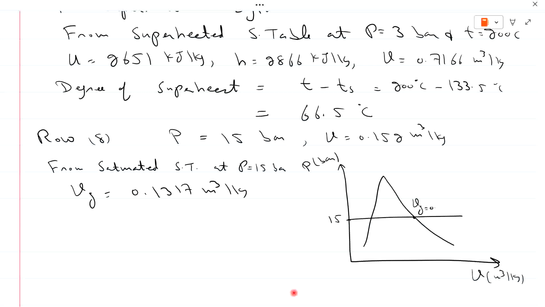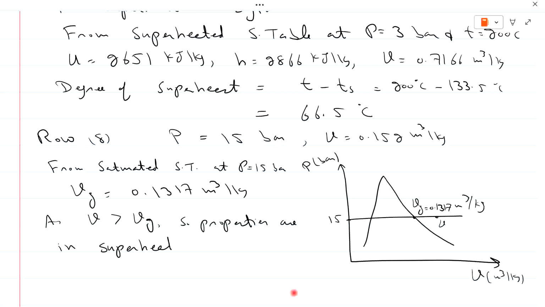Vg is equal to 0.1317 meter cube per kg. But the V is given as 0.152, which is greater than Vg. So properties are here in the superheated region. As V is greater than Vg, properties are in the superheated region.